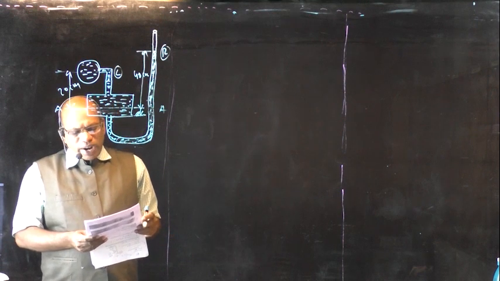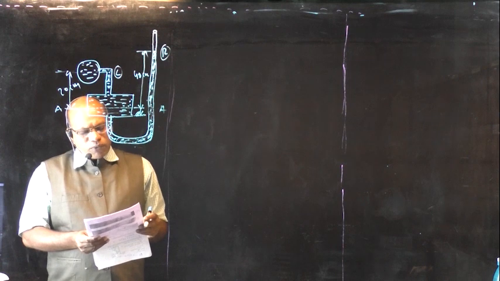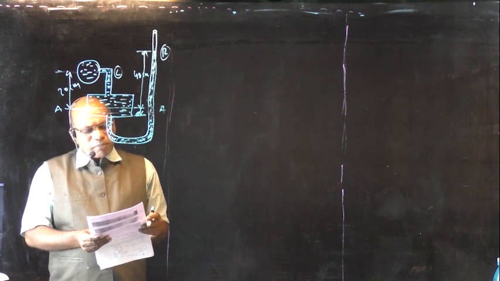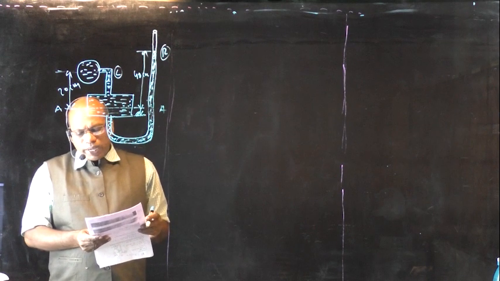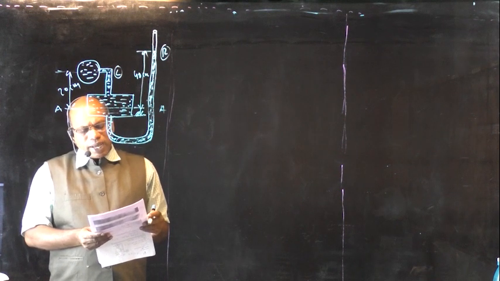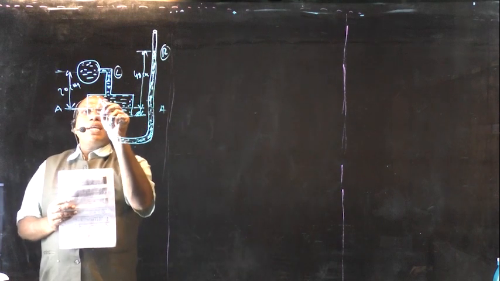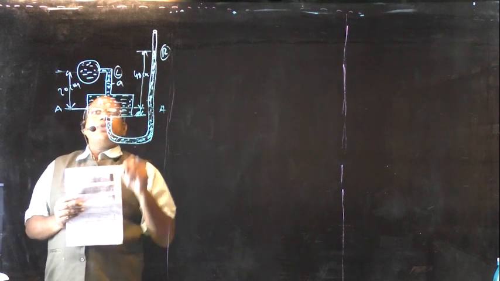In this problem, find the pressure in the pipe if the area of the reservoir is 100 times the area of the tube for the manometer reading as shown in figure. That means this is the area of the reservoir, this is the area of the pipe.